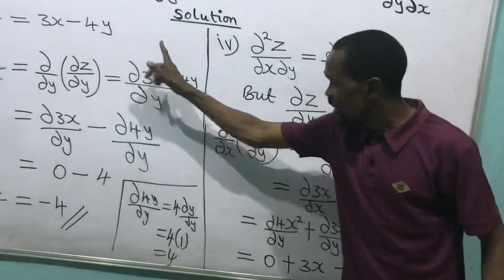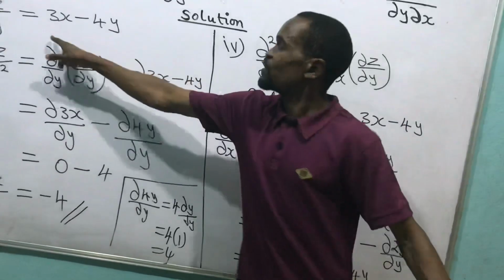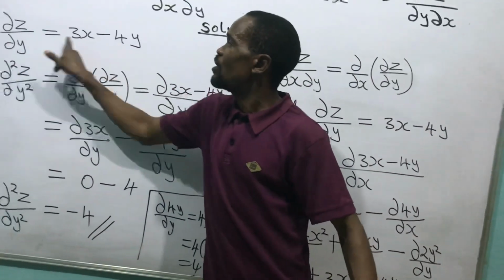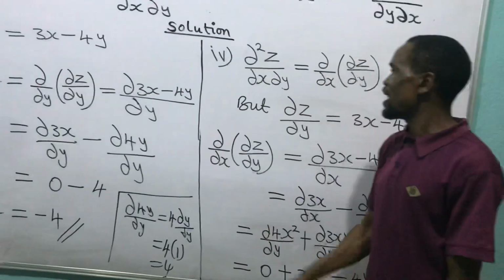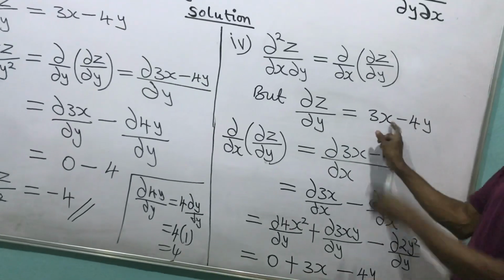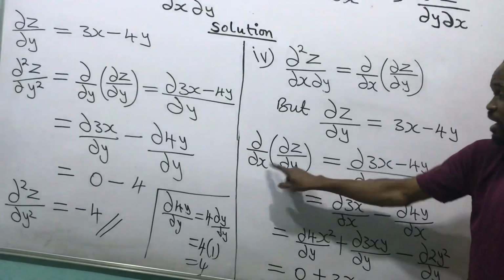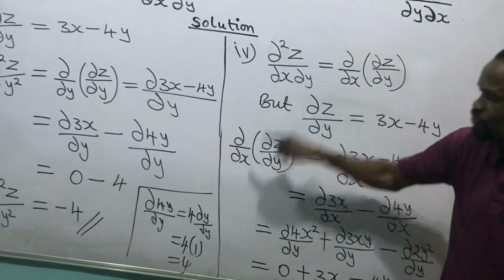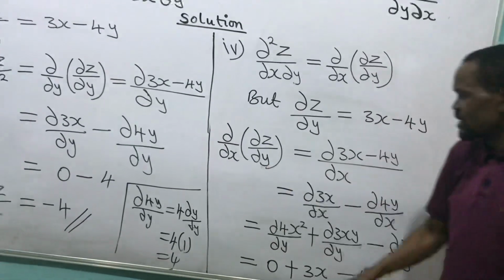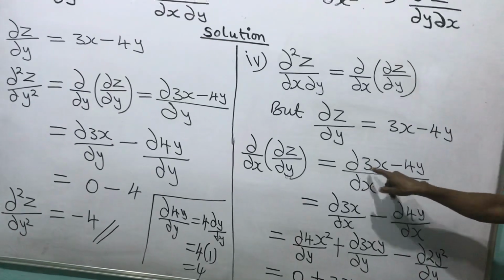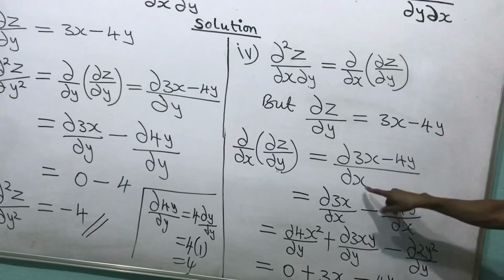Since I have done that, I have to differentiate this again with respect to x. I have done this one, then the result, I'm going to differentiate it again with respect to x. That's differentiation of 3x minus 4y with respect to x.